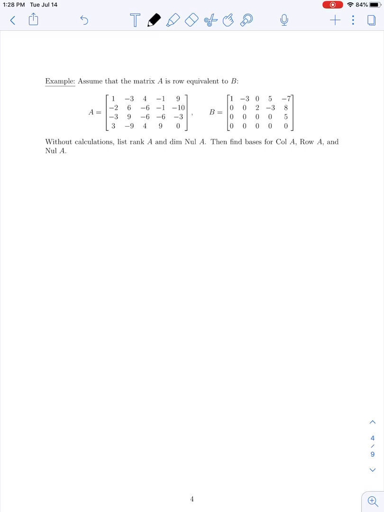In our next example, we have a matrix A, and we can show through row operations that it is equivalent to the matrix B, which is written here in echelon form.